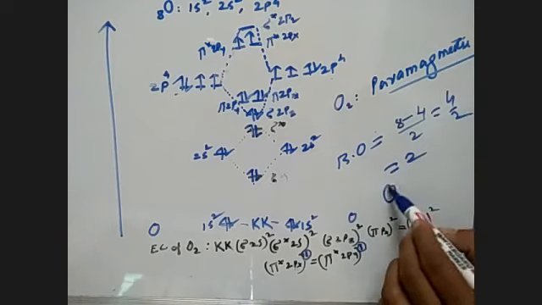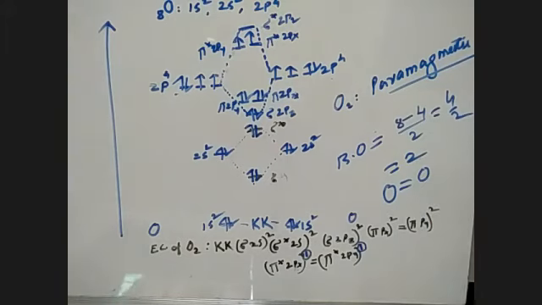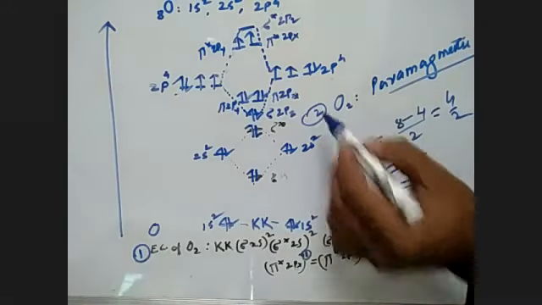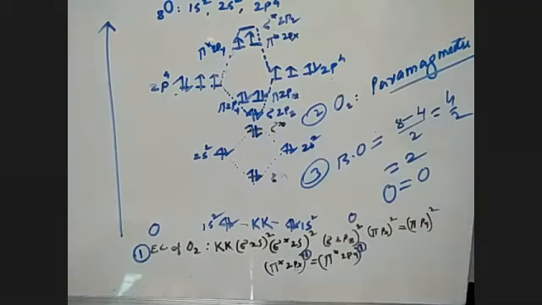That is, oxygen can have a double bond with oxygen. So we have learned three important points. First is the electronic configuration. Based on that, we can find out the paramagnetic behavior and the bond order also. Hope you understand this point. It was very easy, the formation of the oxygen molecule by molecular orbital theory.